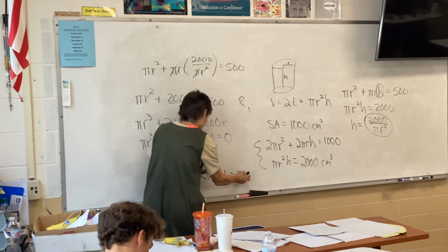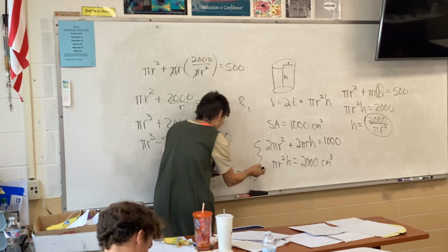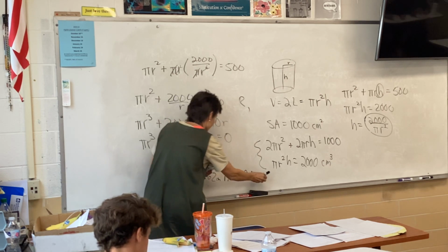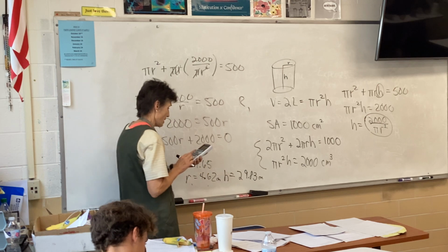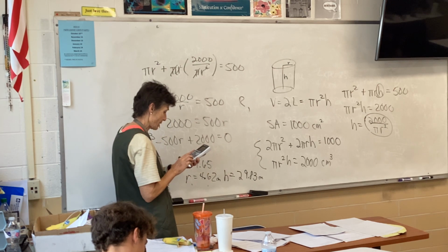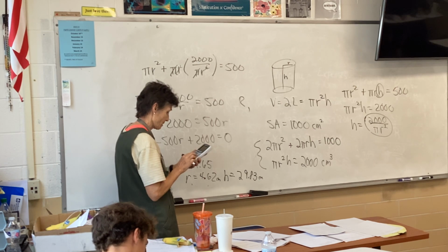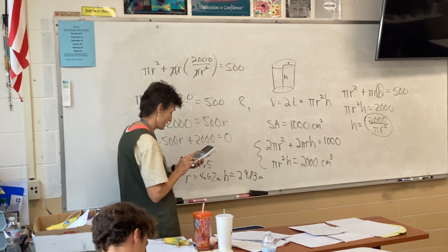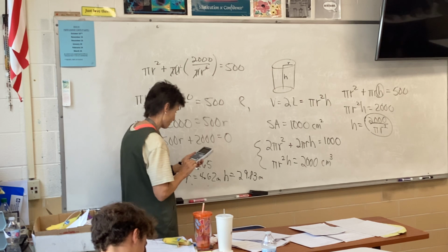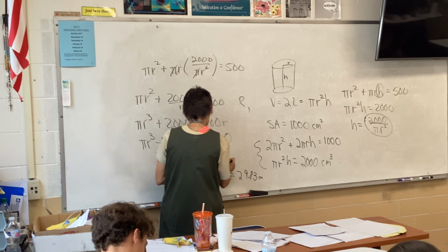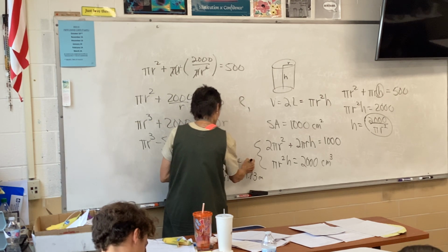For that height, I got 29.83. These will all be centimeters. And then what about the other height? 2,000 divided by pi times 9.65 squared. I got 6.84 for that one.